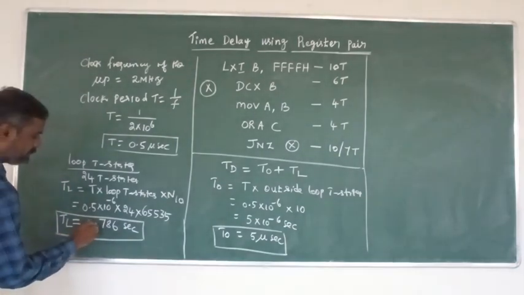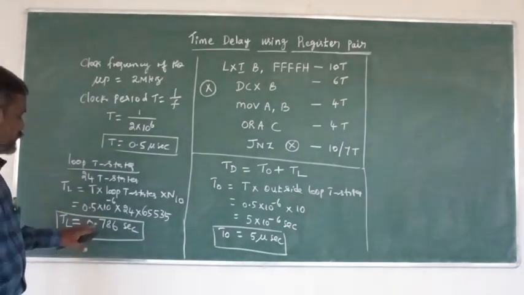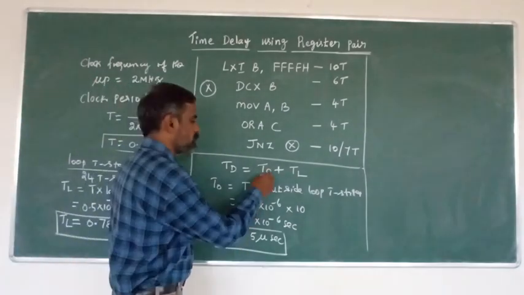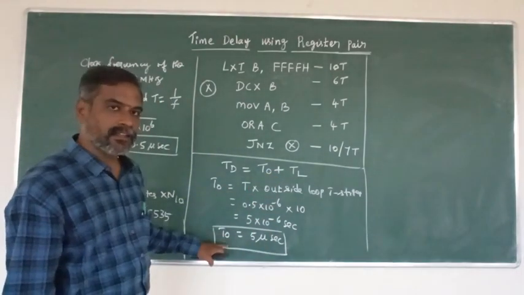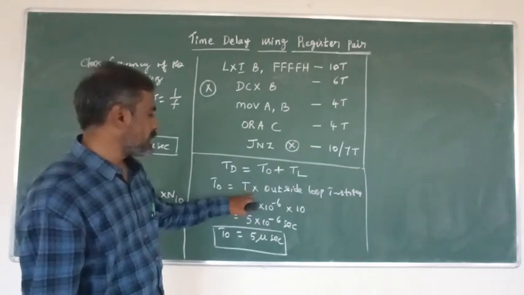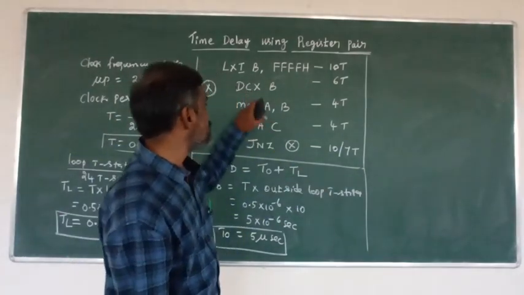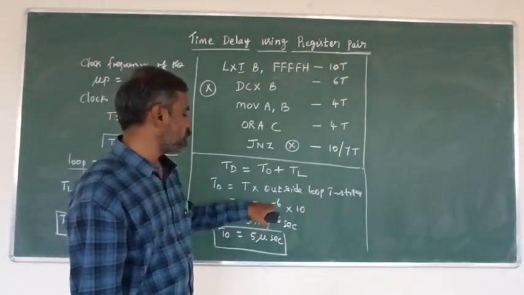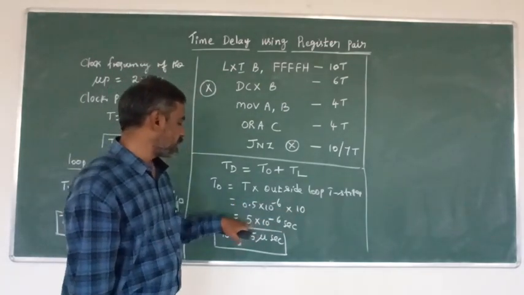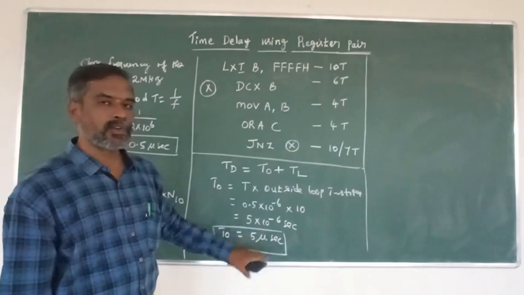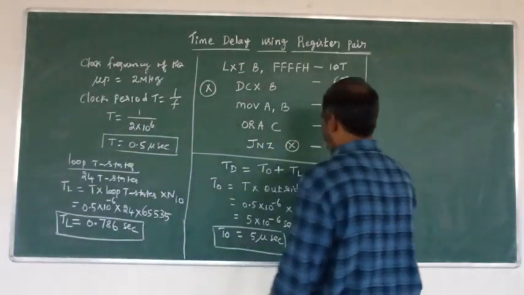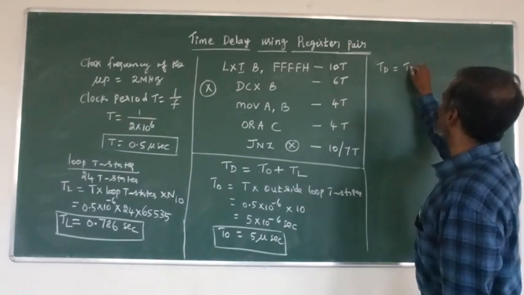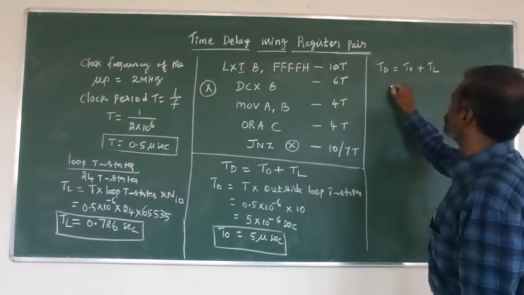We get 0.786 second. Next, TO, same thing: time period into outside loop T states, which requires 10. 0.5 into 10 to the power of minus 6 into 10. We get 5 microseconds. Now to calculate the total time delay, TD equals TO plus TL.